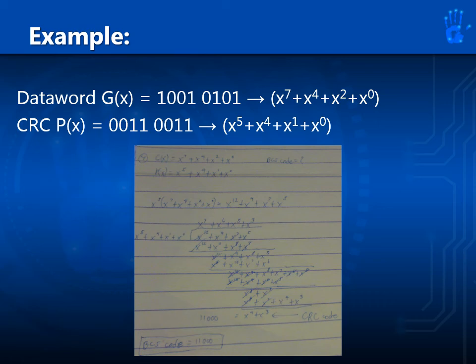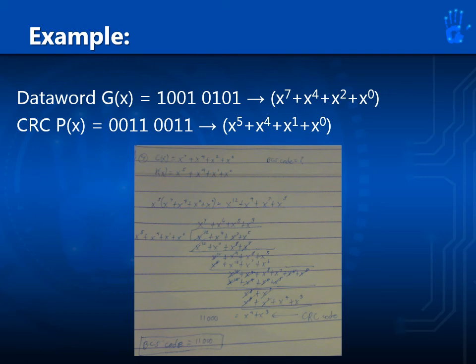So in our data word, 1001, x raised to 7 and x raised to 4 are 1. So we have x raised to 7 and x raised to 4. And then the second part, 0101, we have x raised to 2 and x raised to 0 as 1. So we also have x raised to 2 and x raised to 0 in our polynomial equivalent.